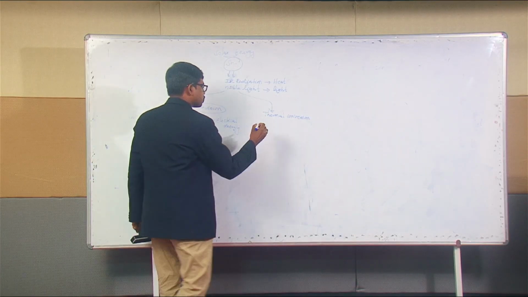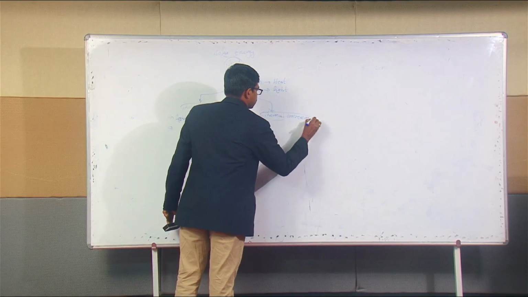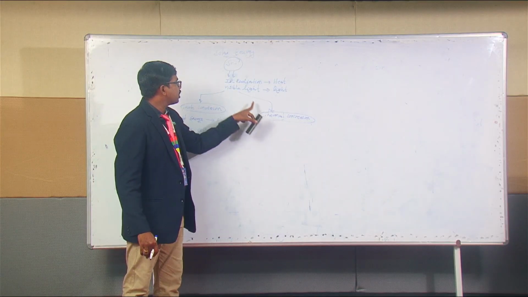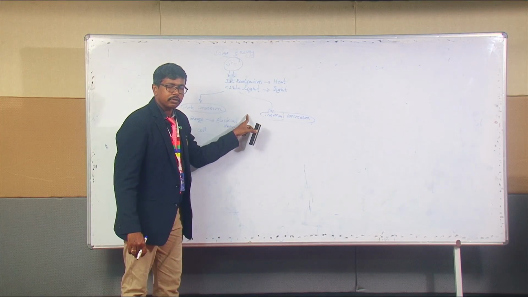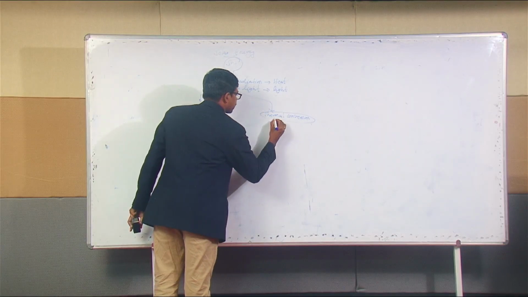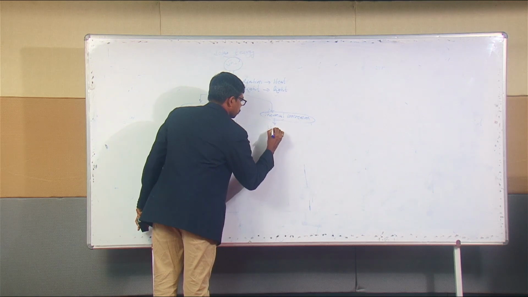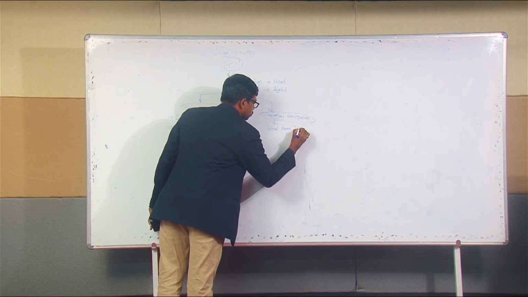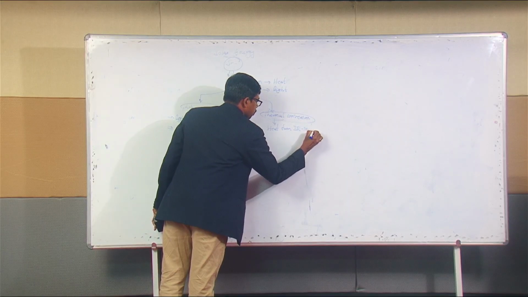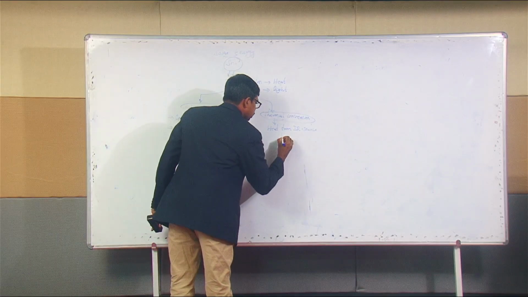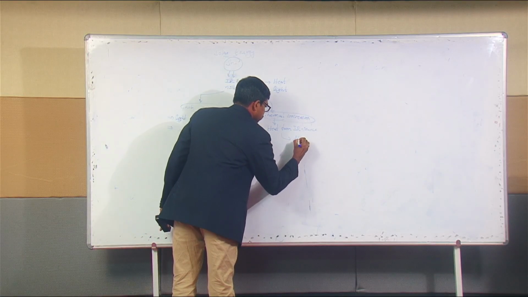What is thermal conversion? Thermal means heat. The heat from the sunlight, the heat from the IR source, is converted into different forms of energy.